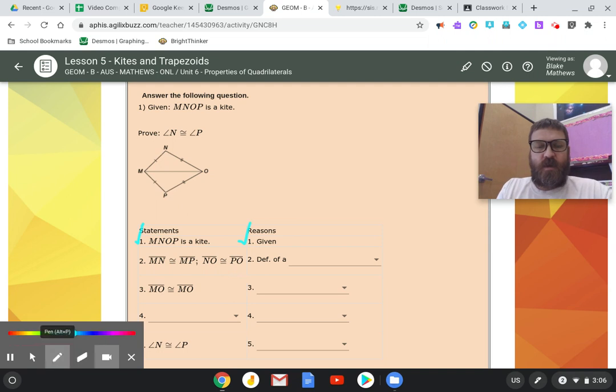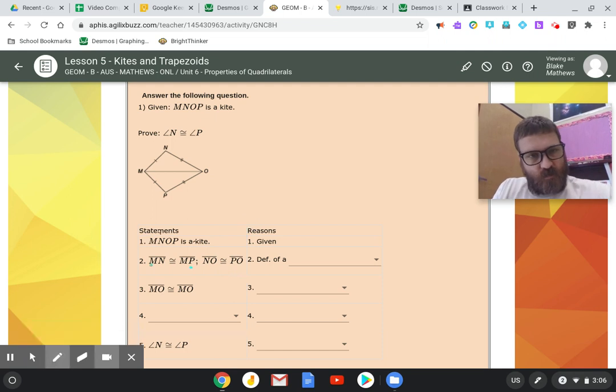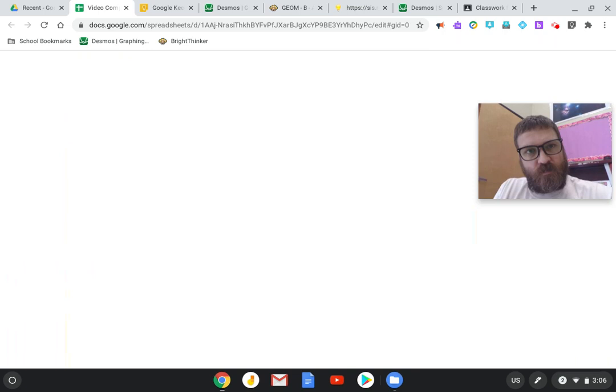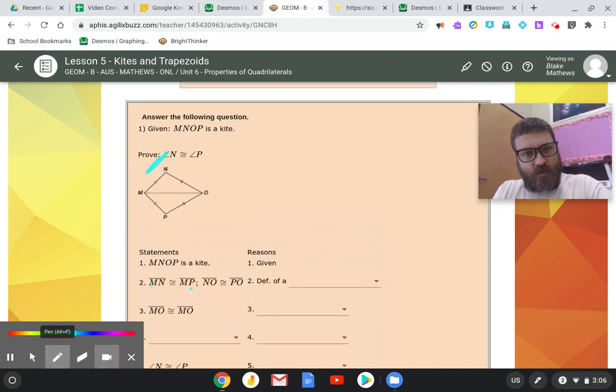How can we prove that? It's going to be a lot of the same processes we've been using in some of the other lessons. So let's take a look. MN is congruent to MP. That's this one and this one. They're marked on the diagram. MN and MP are congruent to each other. Sorry, let me fix this. Got a little bit of error there. Okay, there we go.